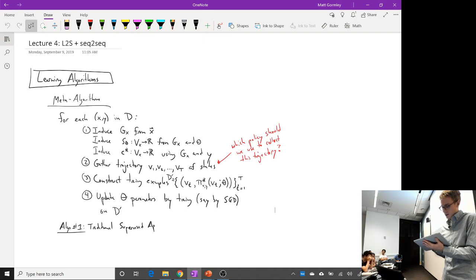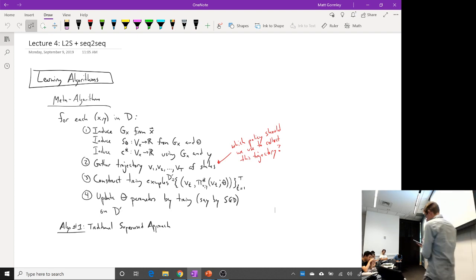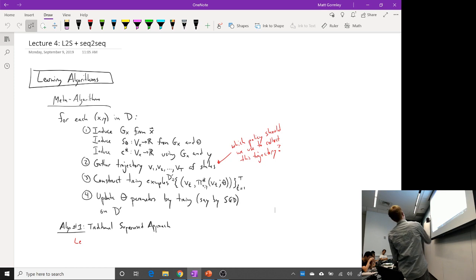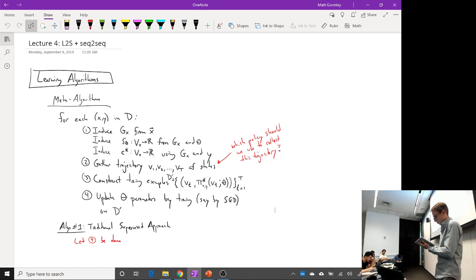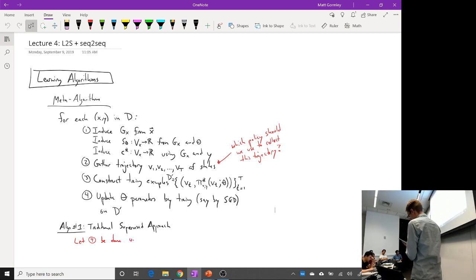And here, what we're going to do is let that step 4 above be done with the oracle policy.